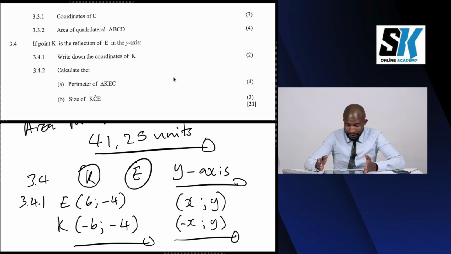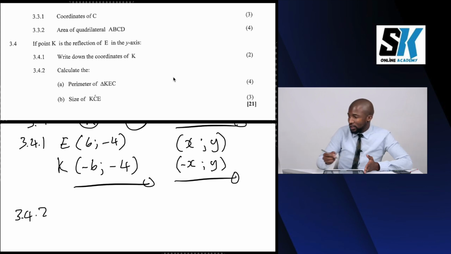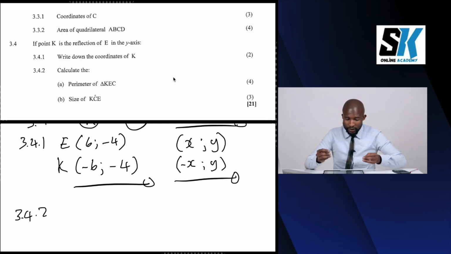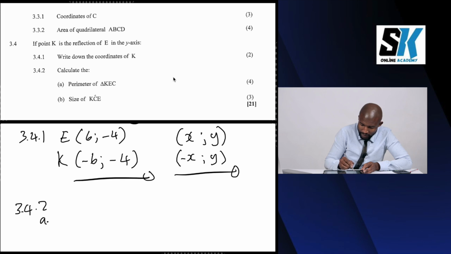And then 3.4.2, which is also in series. They like to give questions in series, so it has A and B. It says calculate the perimeter, which is part A on 3.4.2.